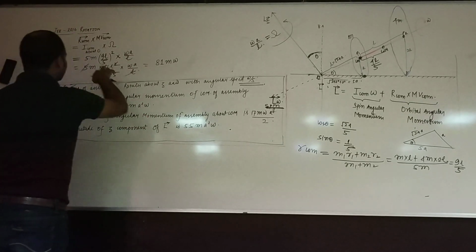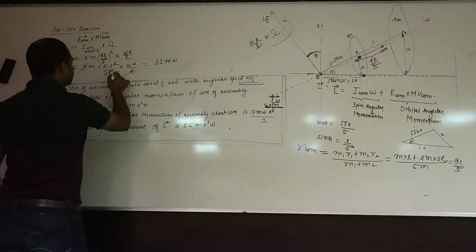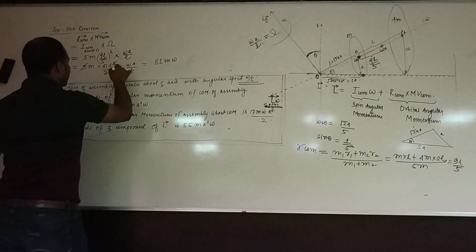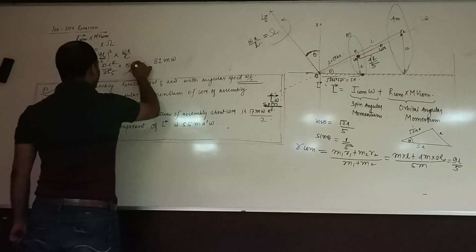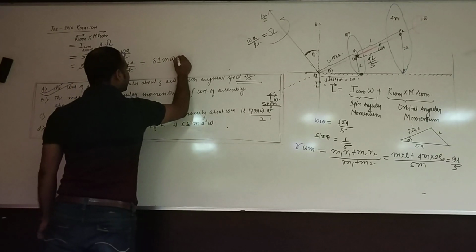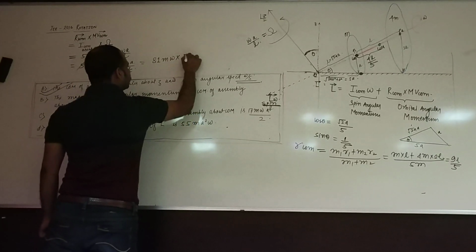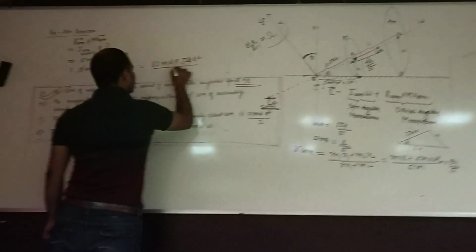So 81 m omega, we have a, and we substitute the value of L, that is equal to root 24 a. So this becomes root 24 a square upon 5.